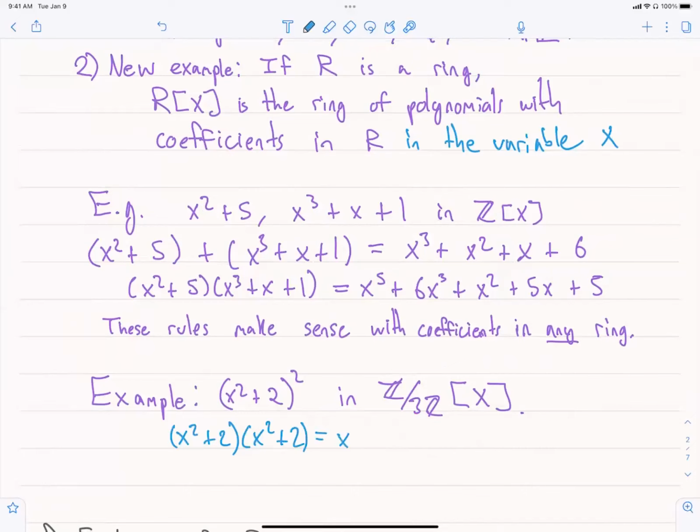The first term I get is x to the 4, plus 2x squared plus 2x squared, plus 2 times 2 for the constant term. And 2 times 2 is not 4, because we're not working in Z, we're working in Z mod 3Z. So 2 times 2 is 1.